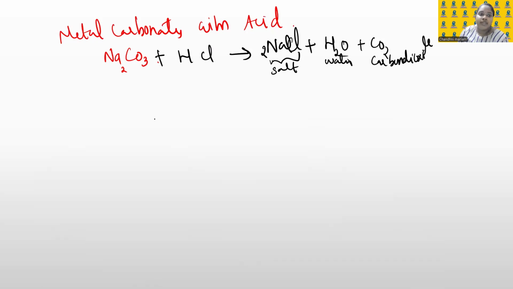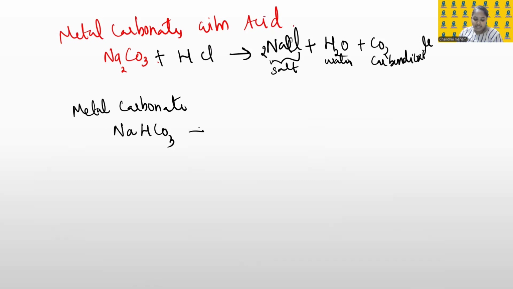Again, we will take a metal bicarbonate. What is a metal bicarbonate? An HCO3 part is added to a metal. Again, we will take the example of Na. Sodium bicarbonate can be reacted with HCl to give NaCl plus CO2 plus H2O.